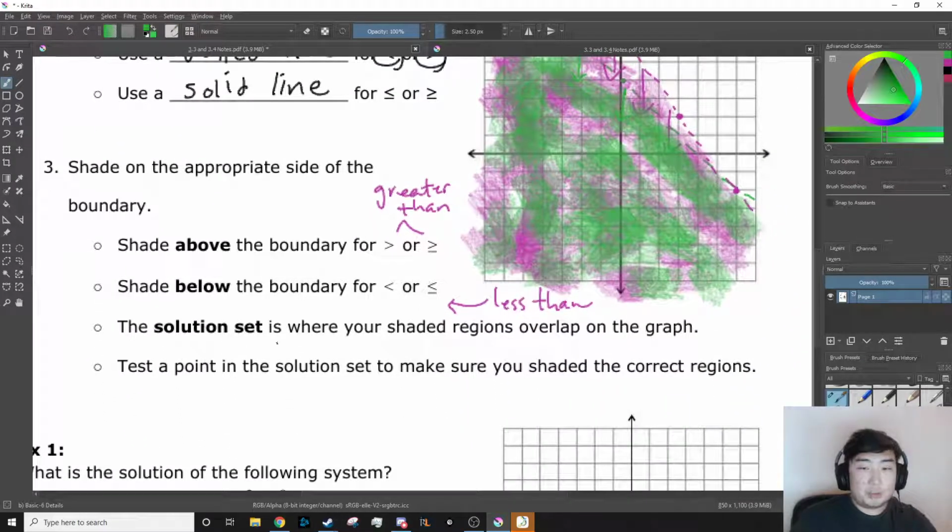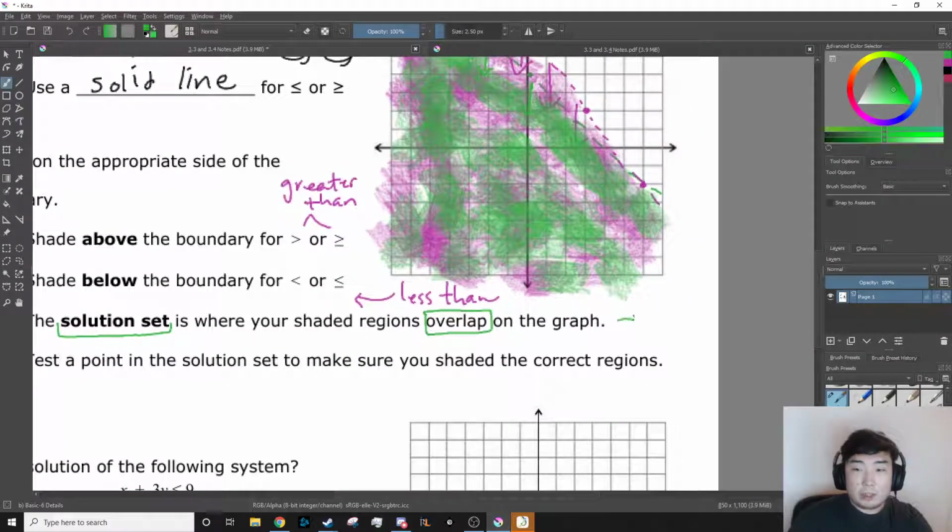The solution set is where your shaded regions overlap. So in this picture right here, where it's shaded in both colors. And I'm going to write this in both colors too.